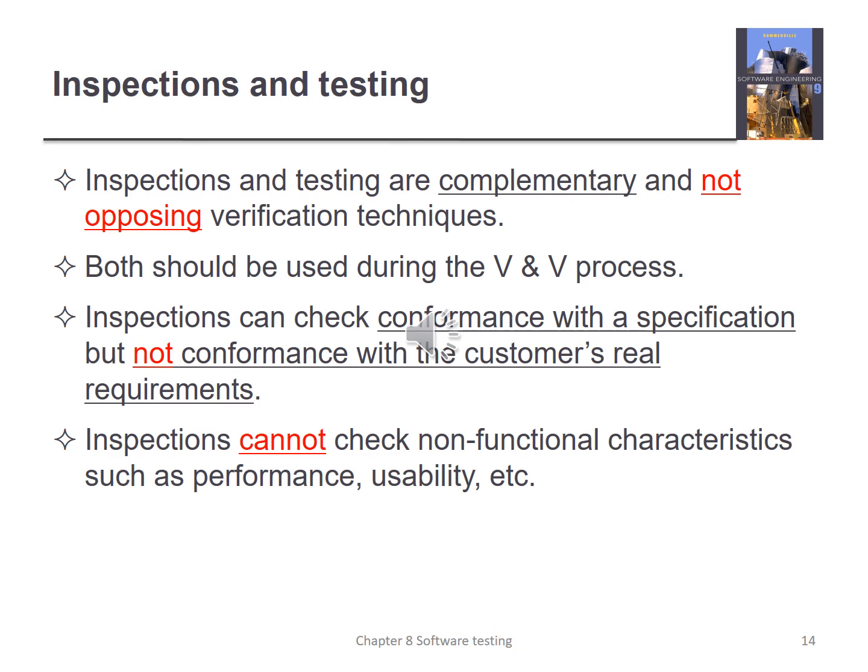Inspection cannot check non-functional characteristics such as performance and usability, because when we inspect the source code, we find out the syntax, whether it is well structured, whether it follows the standard, and whether there are problems with the requirement. But it is tough to inspect for performance, usability, maintainability, etc.